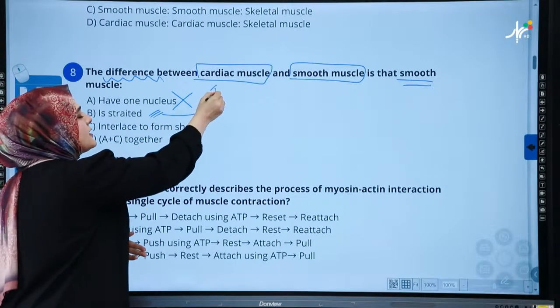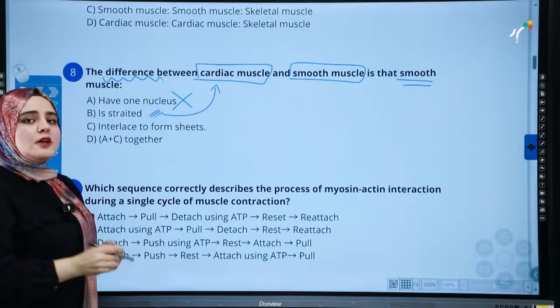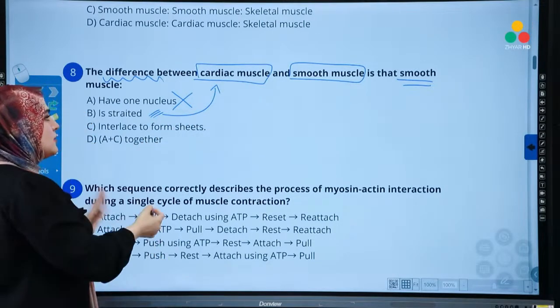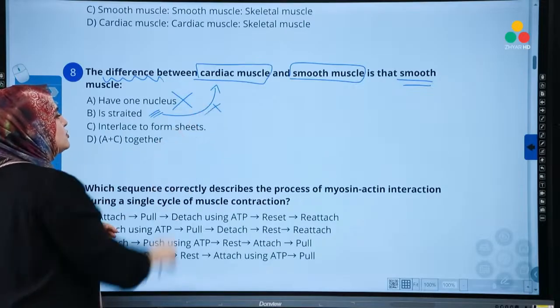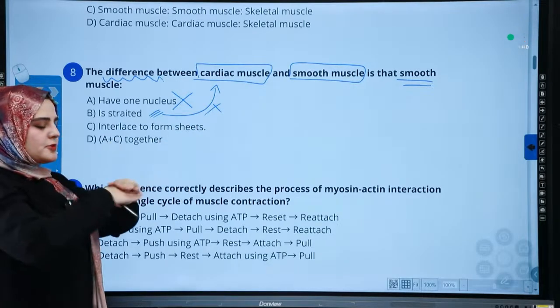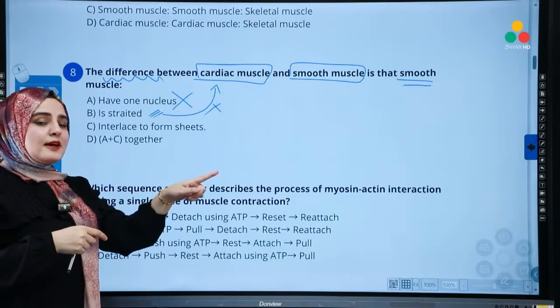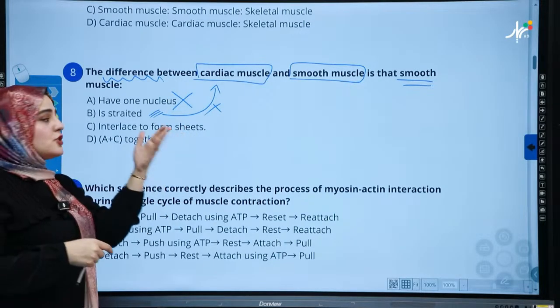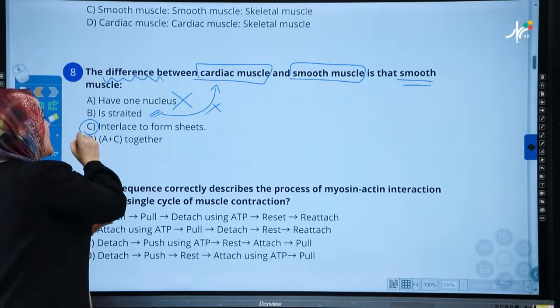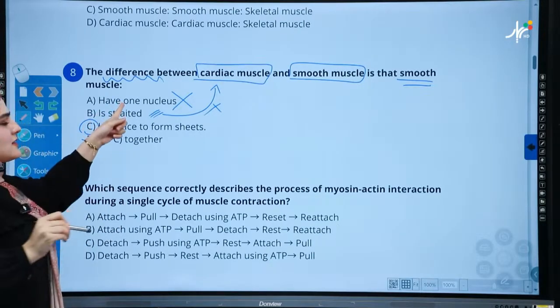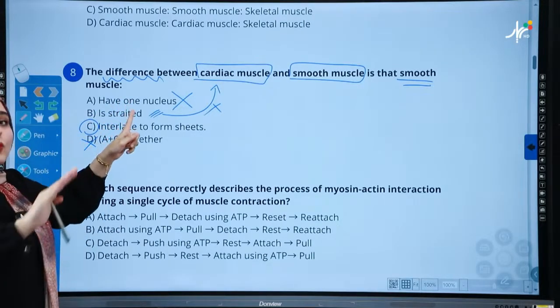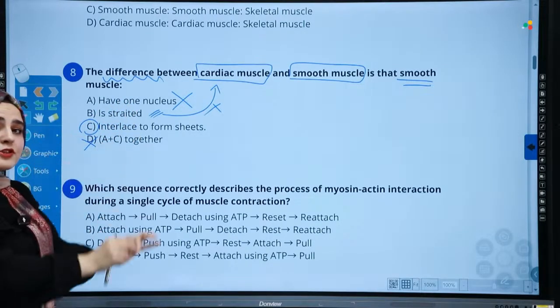This is correct for cardiac, but our question asks for something correct for the smooth muscle. So this one is out too. What about interlaced to form sheet? Yes. This is something only smooth muscle does, not the cardiac. So we're going to choose this. Why not D? Because A is correct for both of them, but we don't want that. We want it only for smooth muscle.